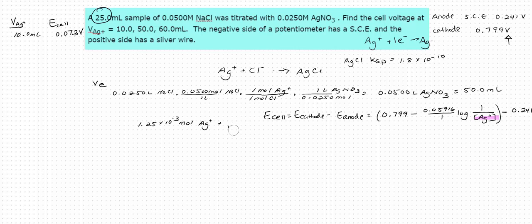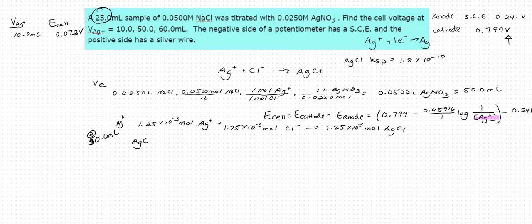I hate it when you guys do that on quizzes, and here I went and did it, 25 times 10 to the negative 3 moles of our chloride, and we have formed 1.25 times 10 to the negative 3 moles of our solid silver chloride. So now the concentration of our silver, so this is at 50 milliliters of silver.